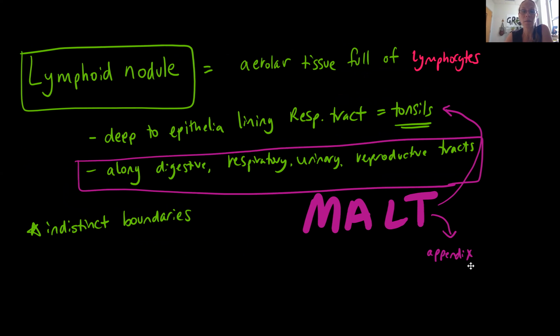And again, it's basically this collection of areolar tissue embedded deep to the epithelial lining of all of the passageways in the body. So that's including your respiratory tract, digestive, urinary, and reproductive tracts. Your tonsils and your appendix are all classified as part of the MALT, mucosa-associated lymphoid tissue.